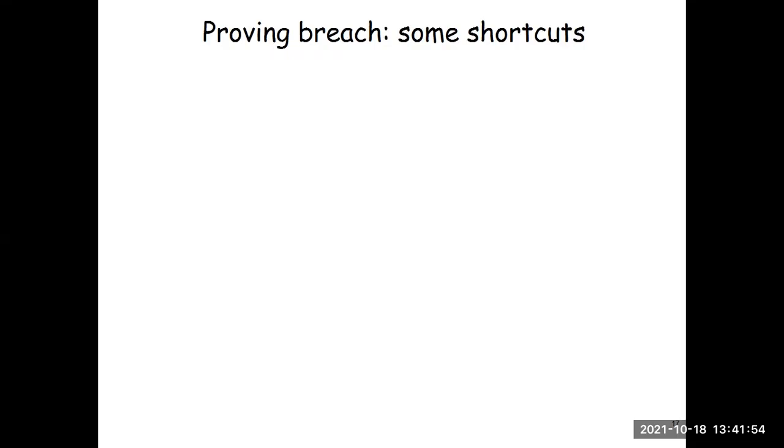It's on he who avers has to prove, but we also looked at the standard of proof, and we compared the standard of proof in criminal cases versus civil cases. The standard of proof in a criminal case is beyond reasonable doubt, versus in a civil case, it's on a balance of probabilities.